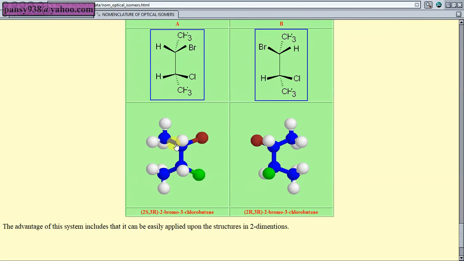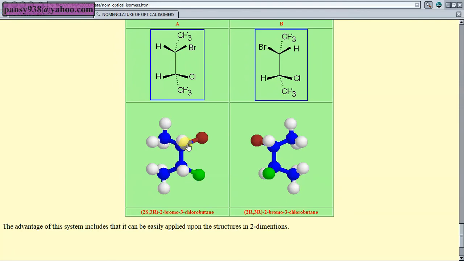Bromine has the highest priority, then carbon, but of these two carbons, this one has the second priority because it contains a chlorine, which has a higher atomic number than hydrogen. So priority number 2 goes to this carbon which has a chlorine.